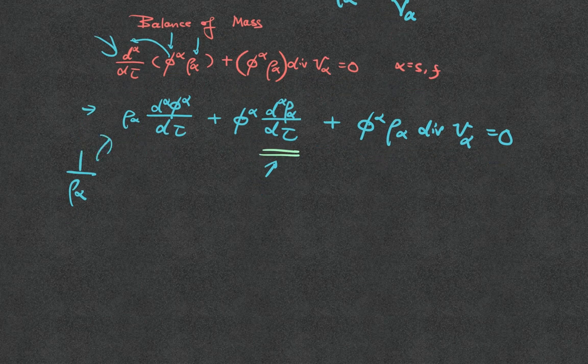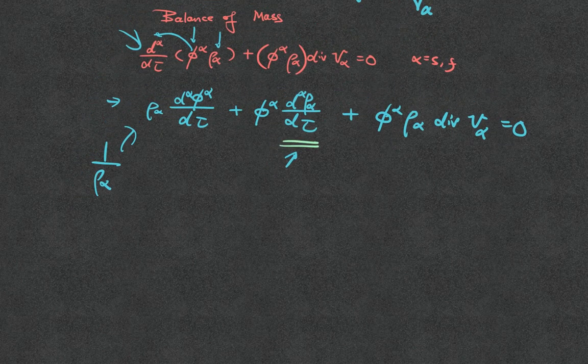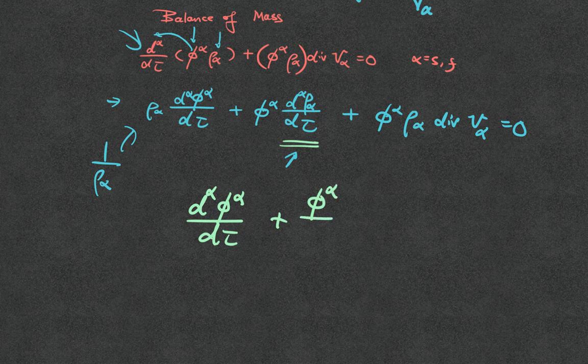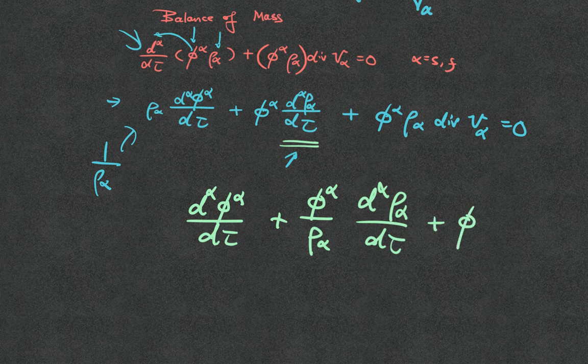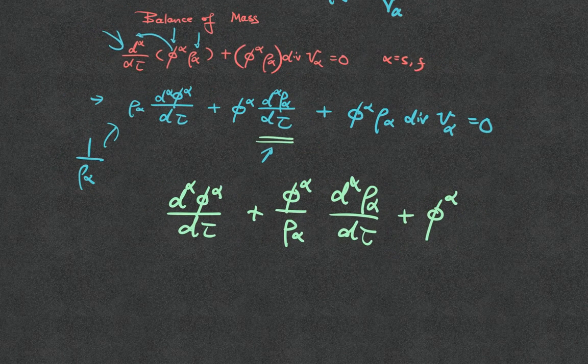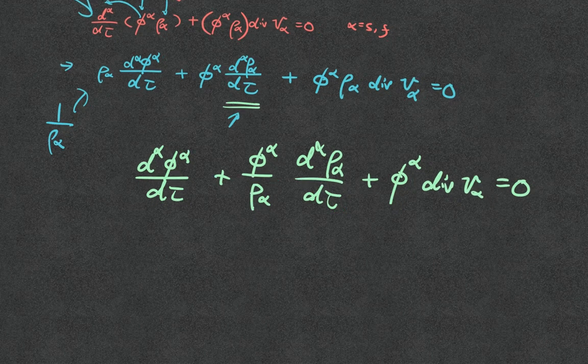So then the equation reads as the following: the change of the volume fraction over time, plus the volume fraction divided by density times the rate of change of the intrinsic density, plus the volume fraction times the divergence of the velocity of the phase, is equal to 0. So these three terms.